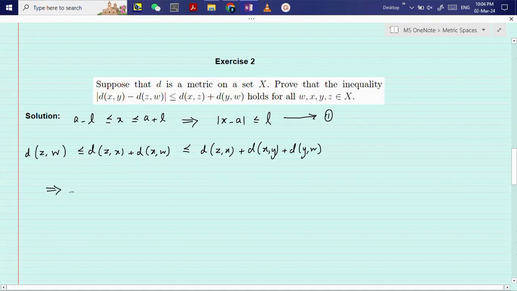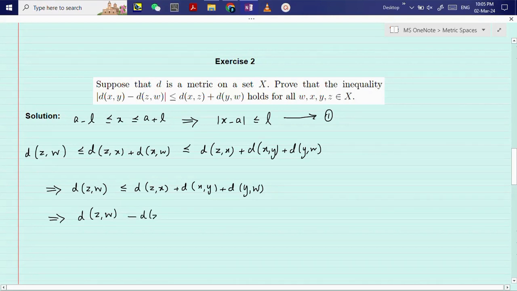This implies that d(z,w) is less than or equal to d(z,x) + d(x,y) + d(y,w), and this implies that d(z,w) - d(z,x) - d(y,w) is less than or equal to d(x,y).